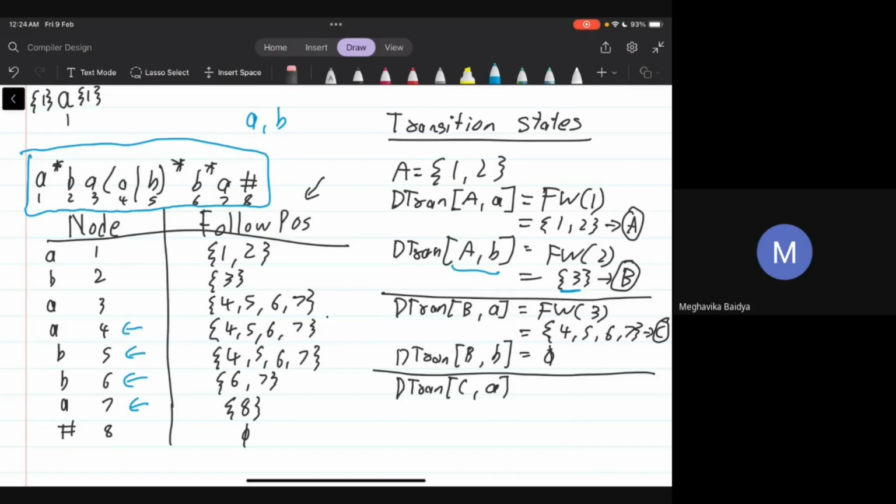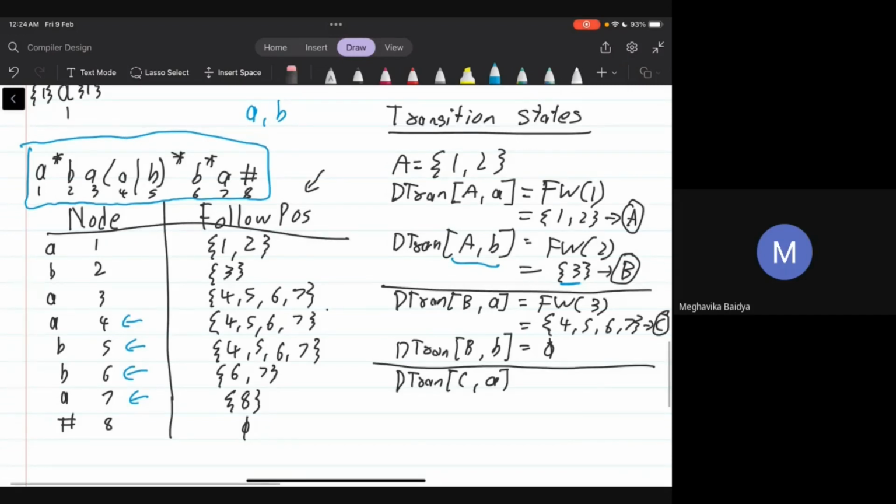Now out of these four, match for A. Which numbers include A? 4 and 7. So you'll underline this and this. This is for 4 and 7, right?